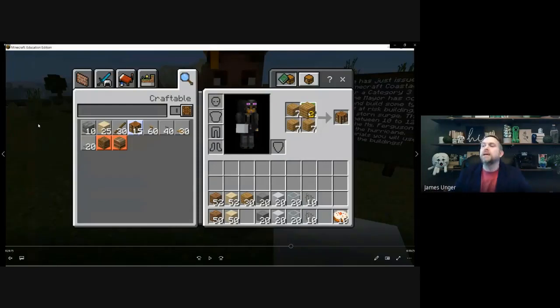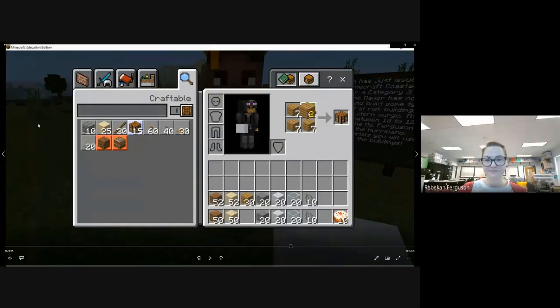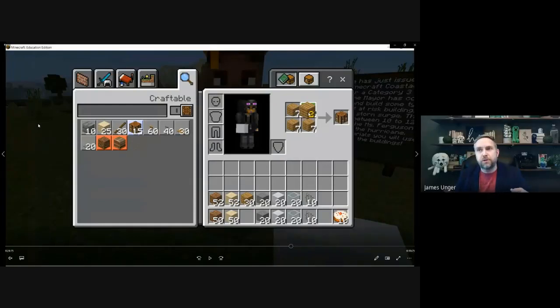When they talk to him, he gives them the supplies. And we ask the students to stay in survival, not to go to creative, because then you can get anything you want in the Minecraft world. But this student saw the limitations, and I didn't even think about it. He started crafting with the items that were in there because I didn't make that a rule.